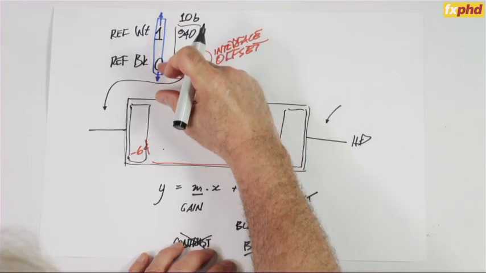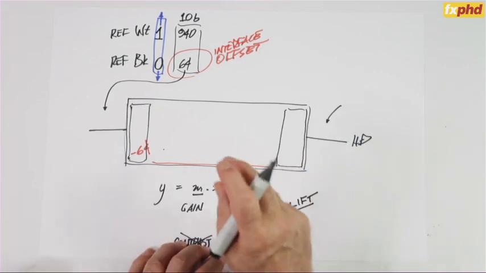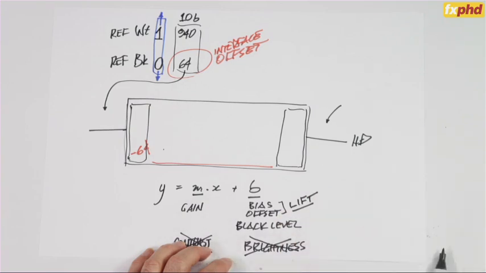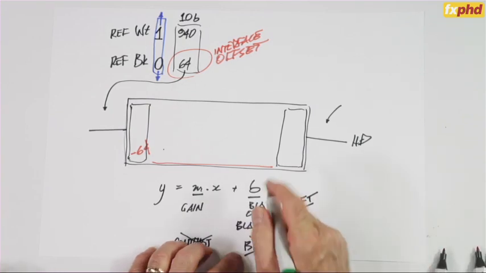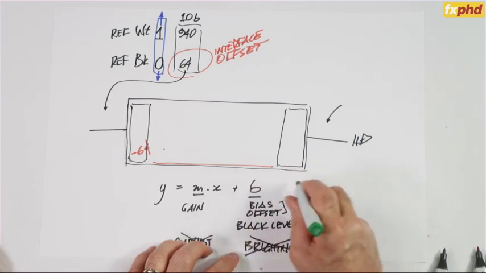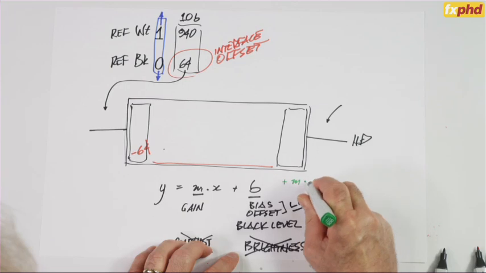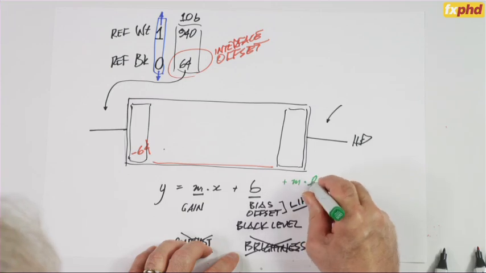So that's the control. But lift is distinguished by the fact that it leaves white where it sits. If I remember correctly, mathematically, instead of having plus B, you have plus M times, let's call it L for lift.